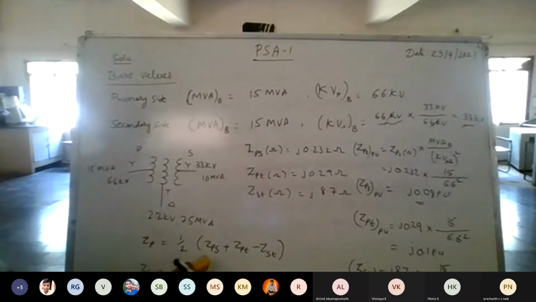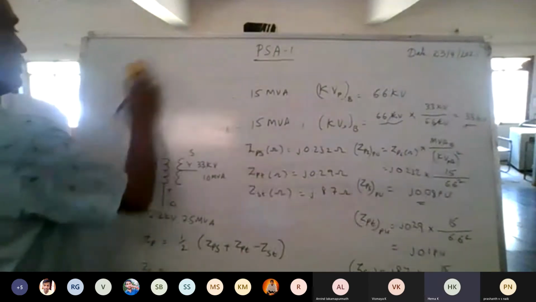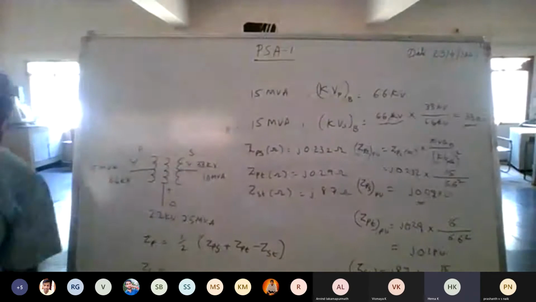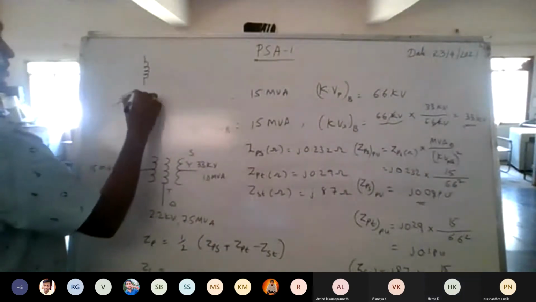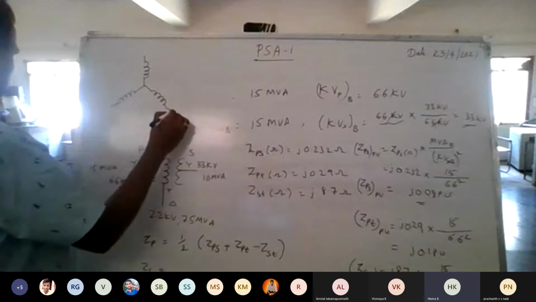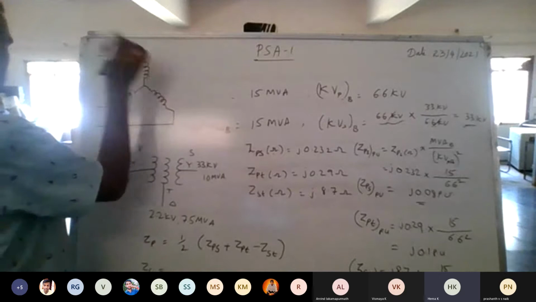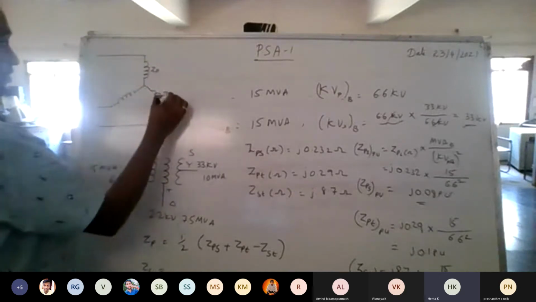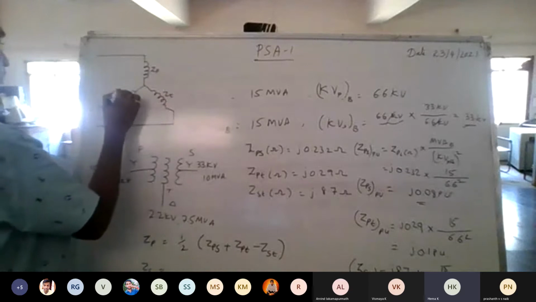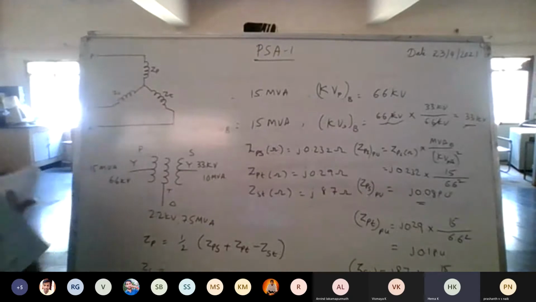That is given in the derivation, so I will show how it is meant. I will draw a three winding transformer here. This is ZP, ZT, ZS: primary, secondary, tertiary.